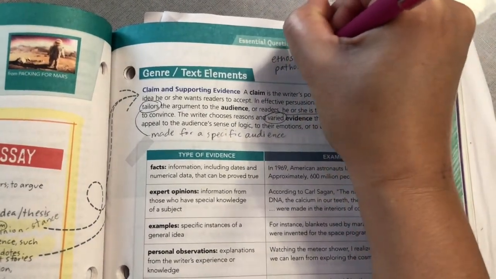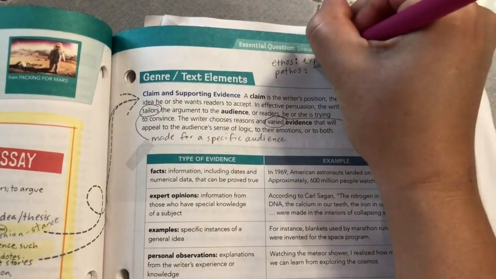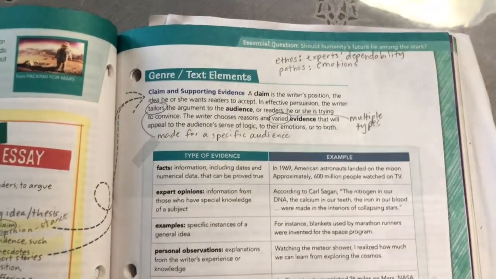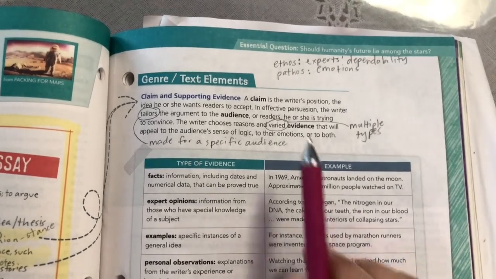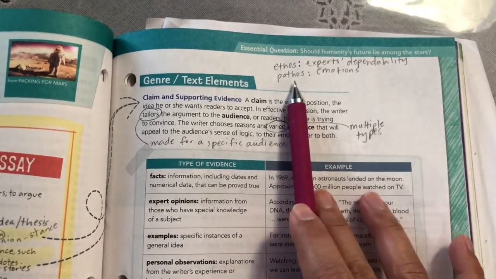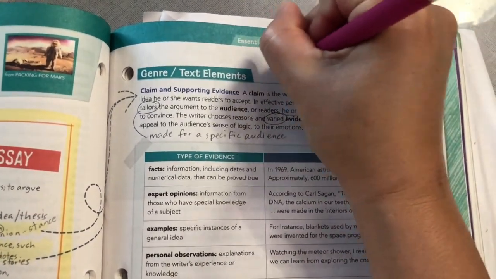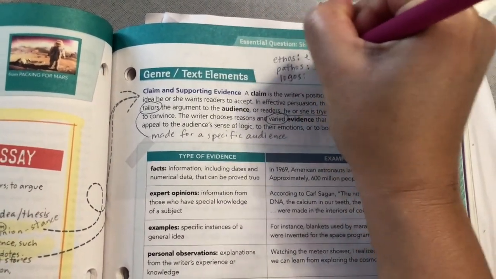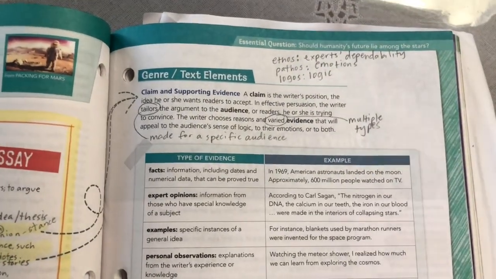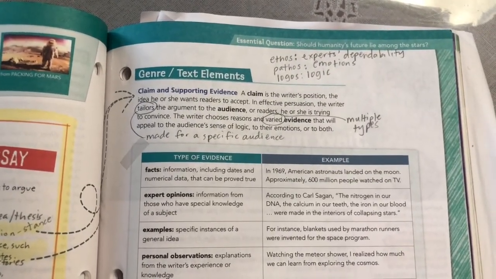Pathos is emotions. Okay, so when we're talking about appealing to their sense of emotions, what we're really talking about is pathos. And logos is logic. What you know is right or what you know makes sense, okay?